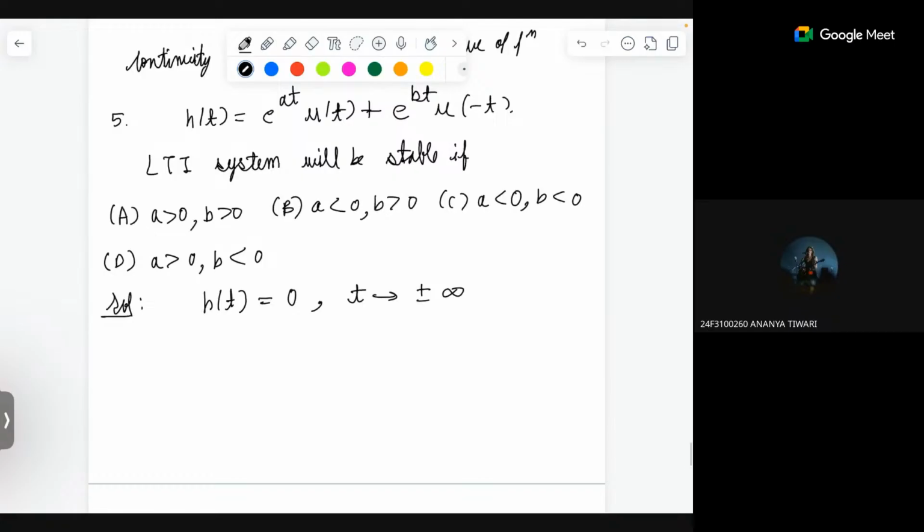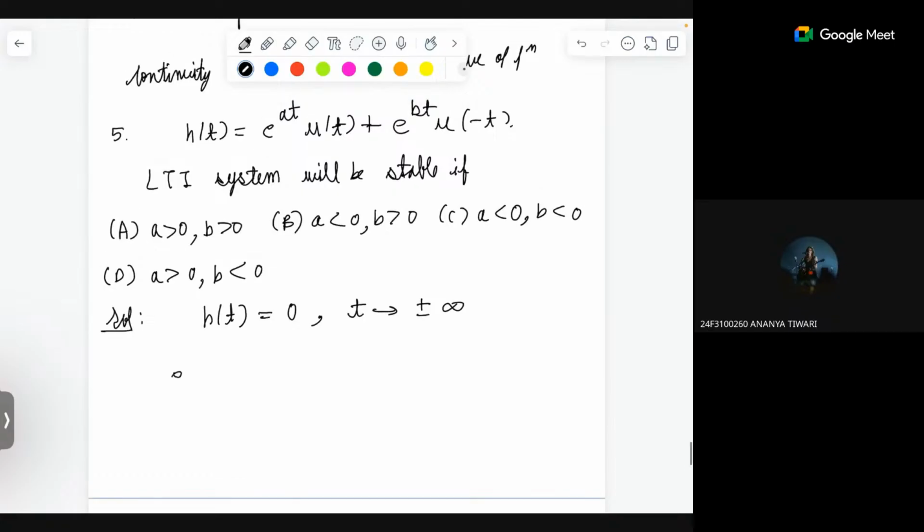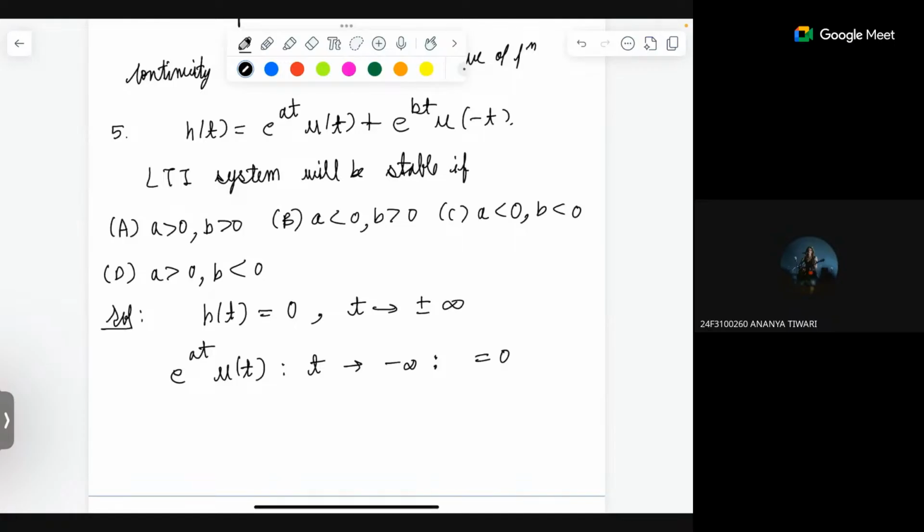Let us see why. Let us take the first term, e raised to the power of at u(t). So t goes from 0 to infinity. At minus infinity, anyways, it is going to be 0, because of the presence of u(t). Now, when t tends to infinity, u(t) is 1, so we don't really bother about that.